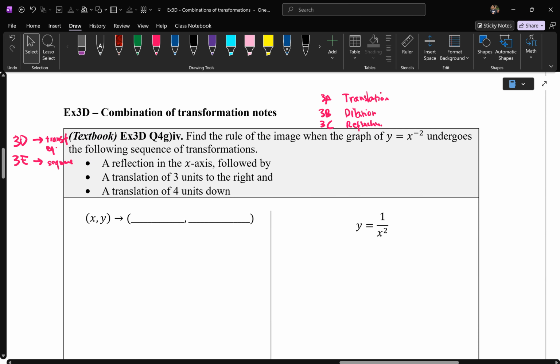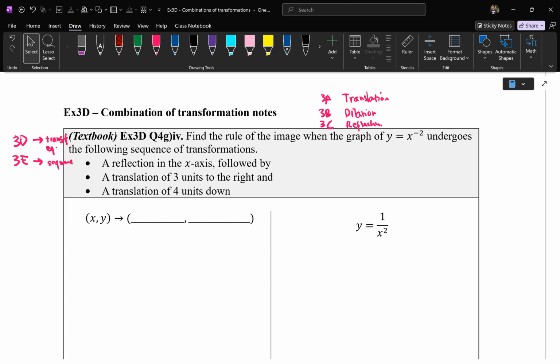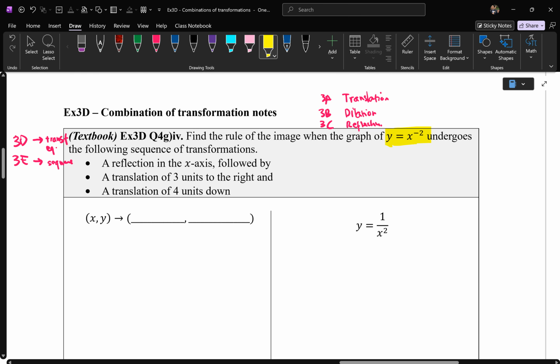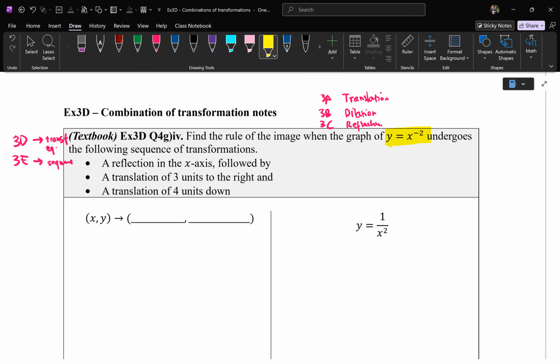Let's do an example to revise transformations again. So we're trying to follow the sequence. We've got, find the rule of the image, which means tell me the new equation. If your current equation is y equals x to the power of negative 2, which is a truncus function, they want you to take this truncus function and apply these transformations in the current sequence.